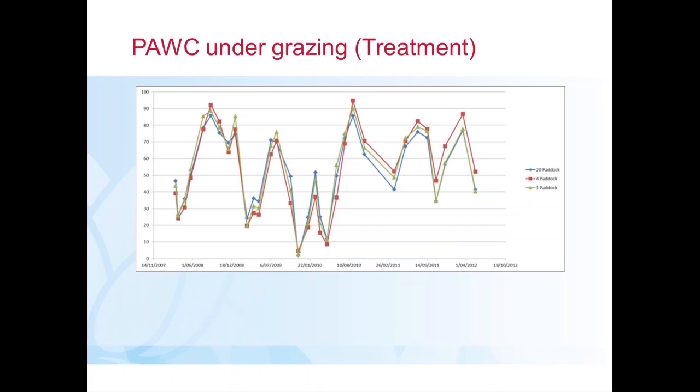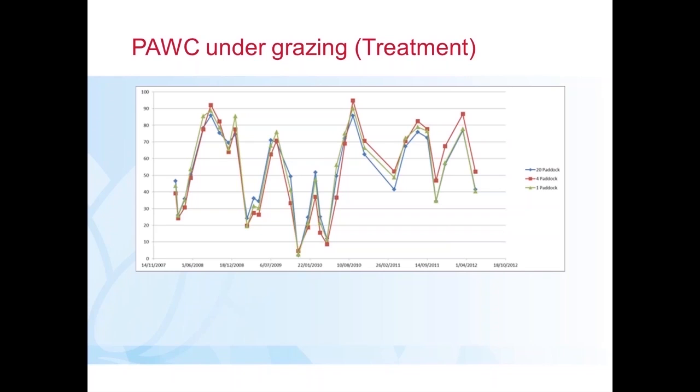So we measured volumetric soil water to 1.5 metres, but then constrained it to 800 mil, worked out what plant available water content was available for plant growth, and then graphed that out. So that's from basically March 2008 to mid-2012.